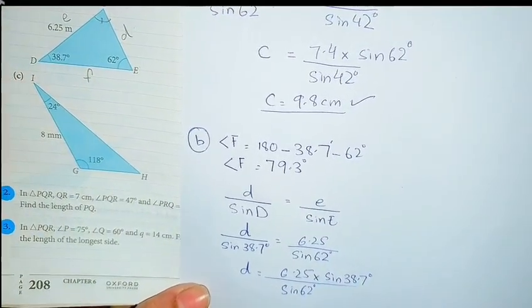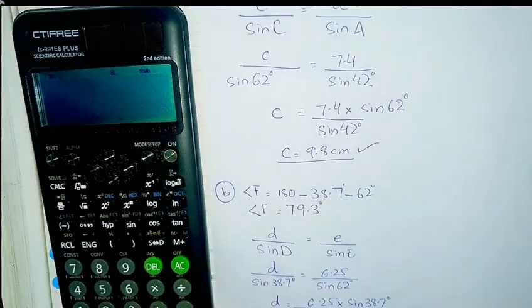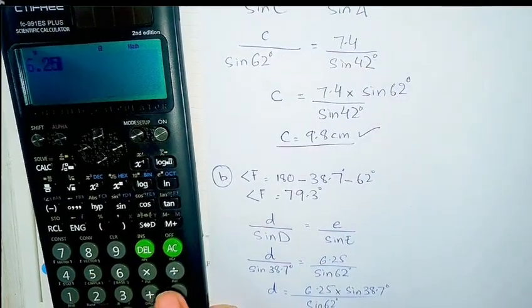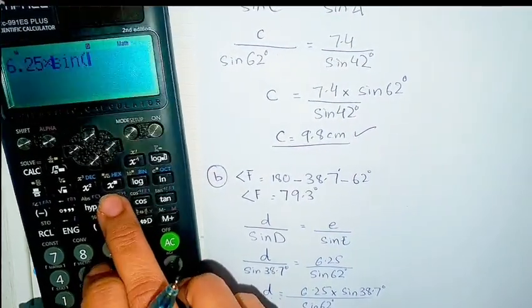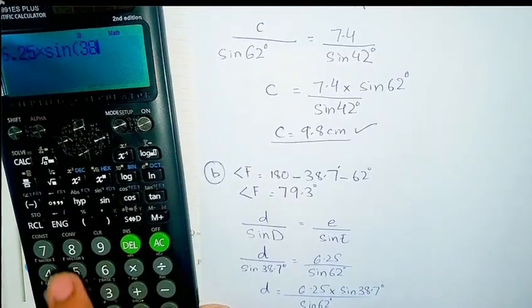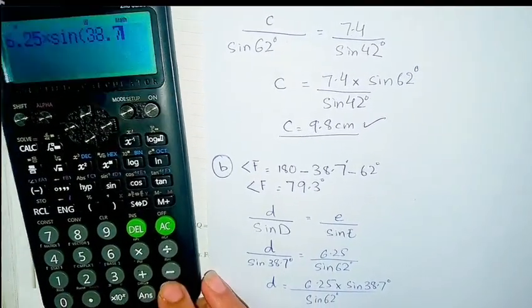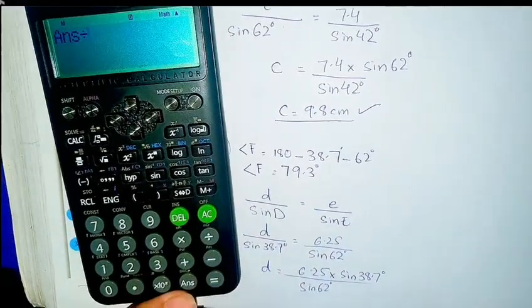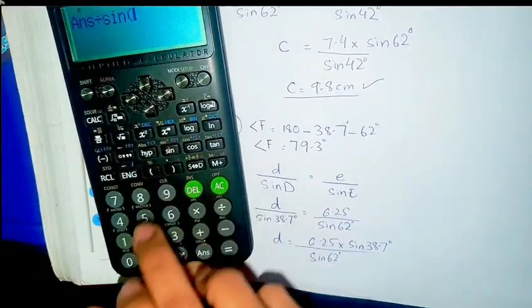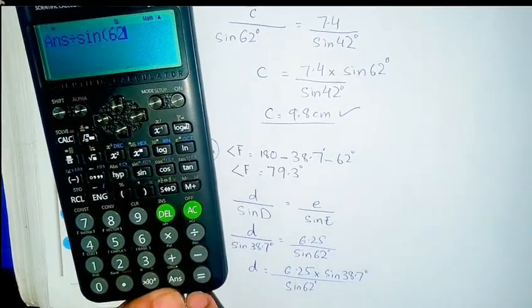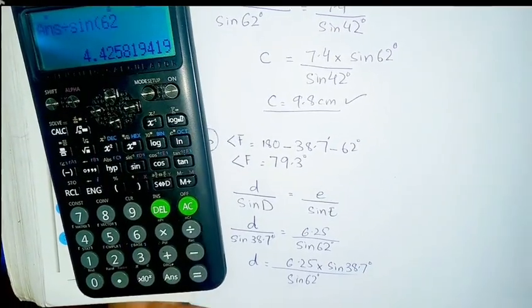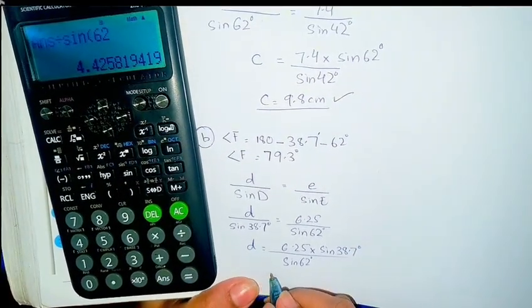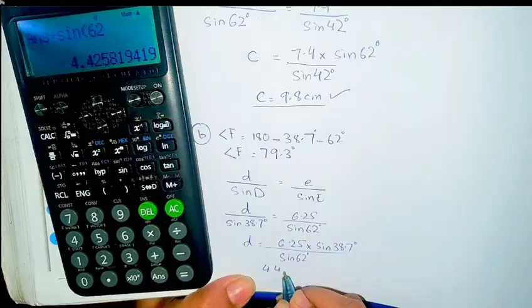Now do this. 6.25 times sine 38.7 is equal to 3.907. Then divide it by sine 62 degrees. So it would be 4.42, or you can write 4.4 centimeters.